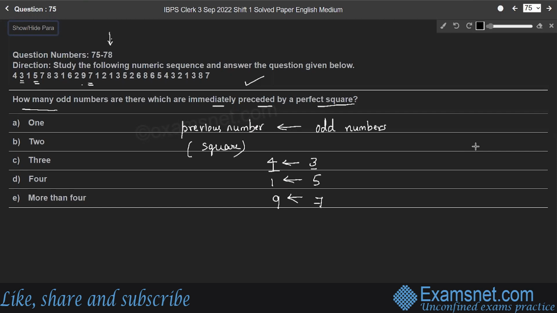And the next is 3 here, preceded by 1. And the next is one more 3 preceded by 4, a perfect square number, right? And the next is one more 3 preceded by 1. Therefore, there are totally 6 odd numbers preceded by a perfect square. Therefore, the answer is more than 4. Option E is the right answer.